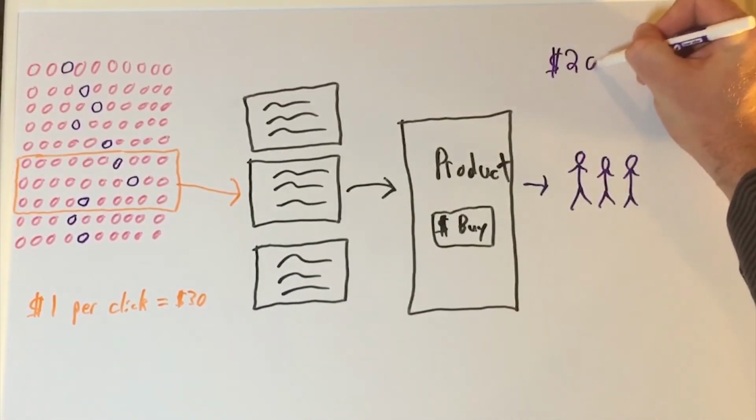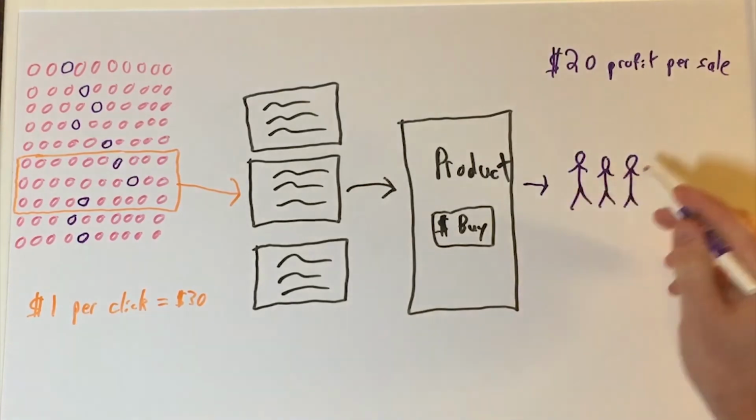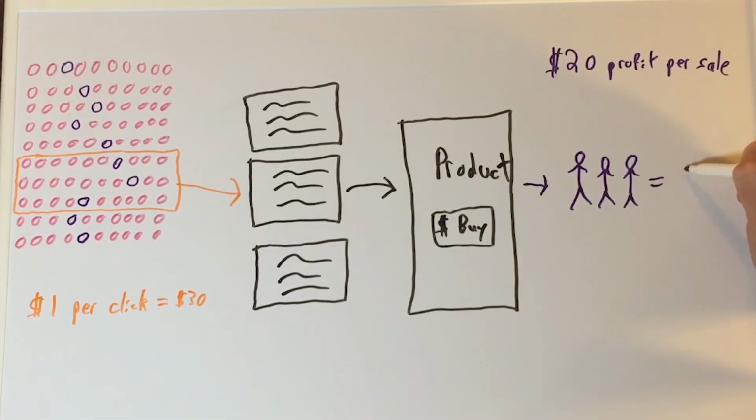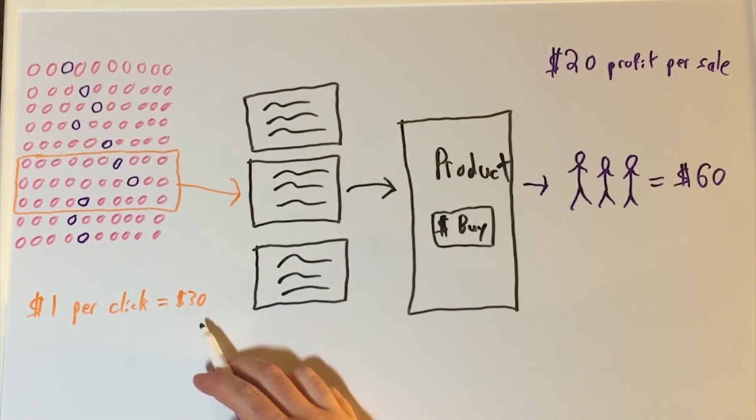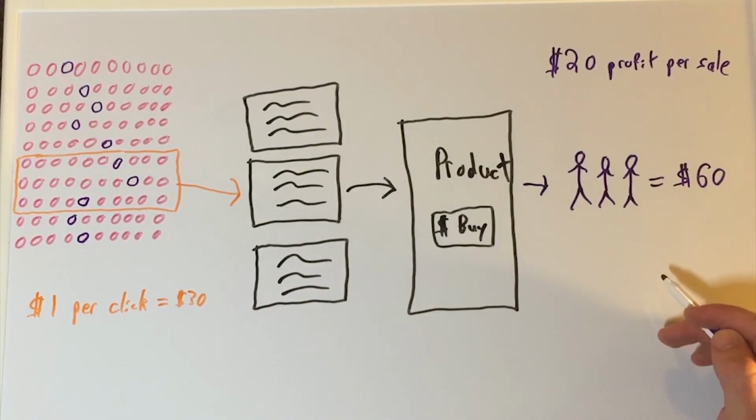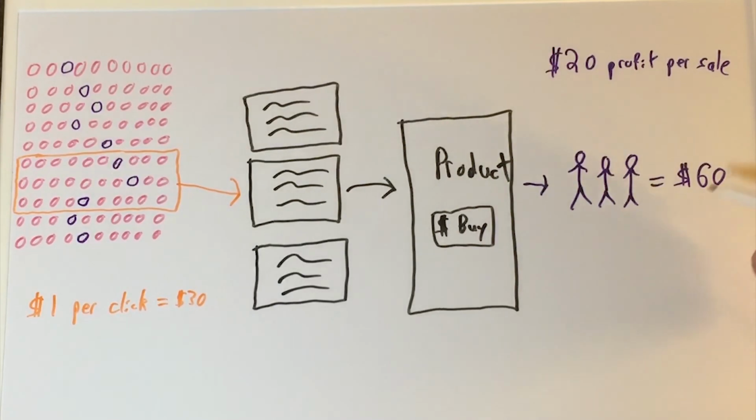So $20 profit per sale. We have 3 sales here, so that's $60 profit. We spent $30 for that traffic. Our profit after we figure out our advertising expense is $30. Okay, not too bad. So we're putting $30 in, we're getting $60 back, and we're profiting $30.